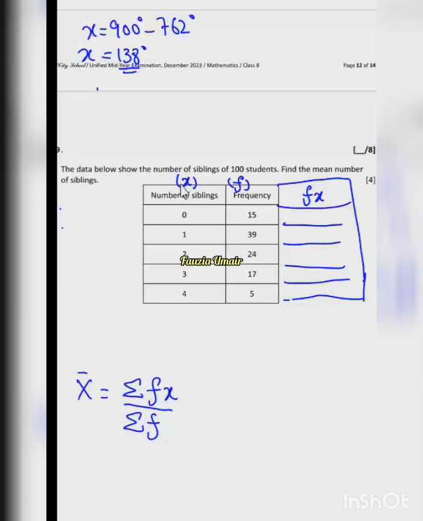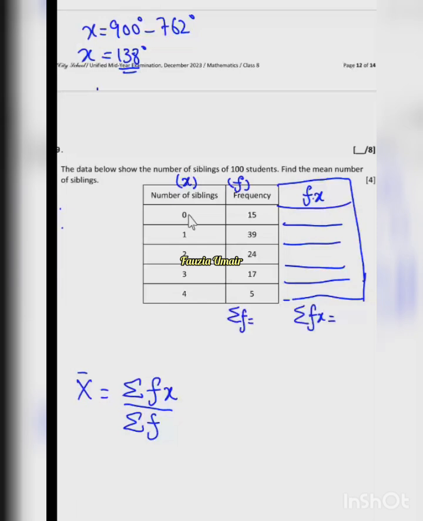Multiplied. Sorry, ma'am. We will multiply, that's fx, and then our answer will be in the fx column. Then we will add these fx and f. That's right. We will calculate sigma f and sigma fx in the sum, and then we will divide. Sigma fx and sigma f, and then we will get our answer by dividing. All right.